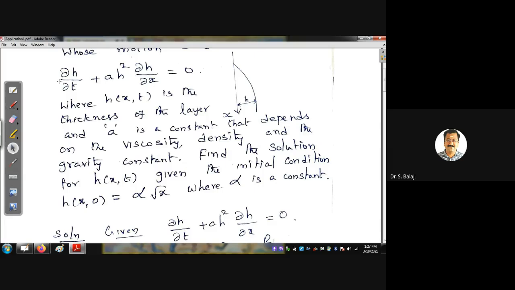And from this equation we are finding the solution h of x comma t with some initial condition, alpha root x, where alpha is a constant.